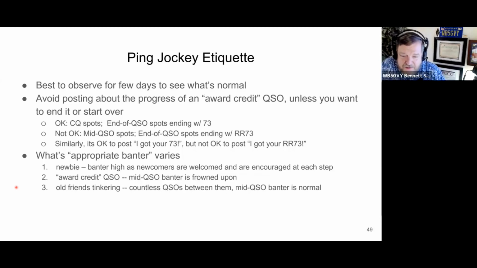This is kind of confusing when you first start following Ping Jockey, because these guys got upset when someone talked about mid-QSO banter, but then a few minutes later, they're talking all over the place mid-QSO. What's going on is these are people that have probably worked each other 30 or 50 or 100 times before, and they're just tweaking something, or they're just saying hello that morning. So again, the mid-QSO banter is normal for them.